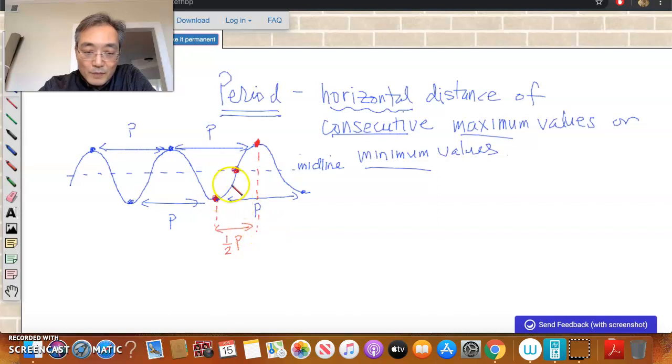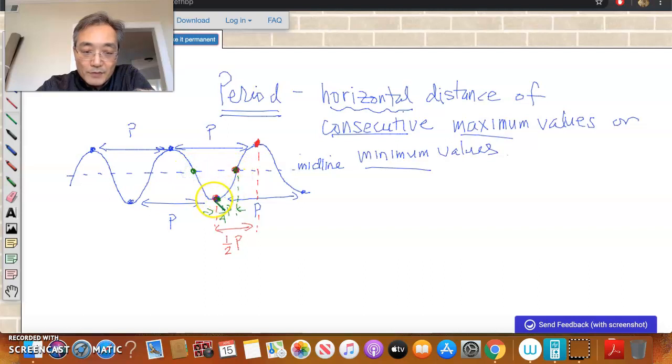So then from a minimum point to a midline point, this distance right here, that's going to be half of half, which is 1/4. This distance from minimum to the nearest midline, right? It could be from here to here, or it could be from here to here. It doesn't matter.